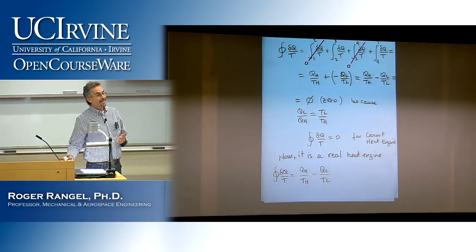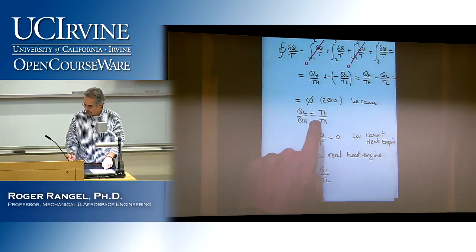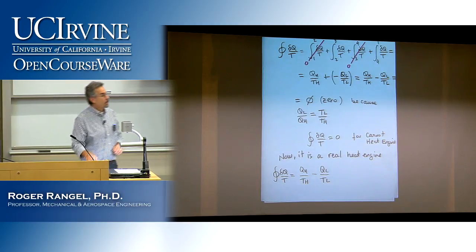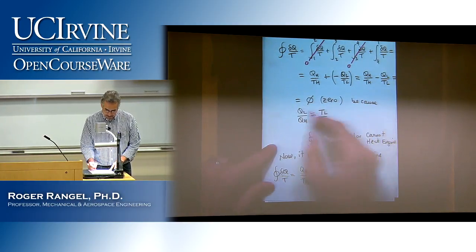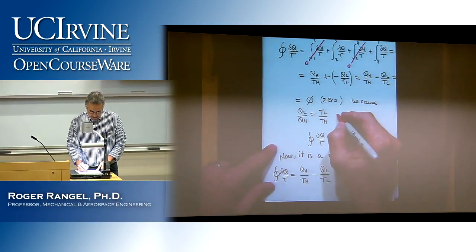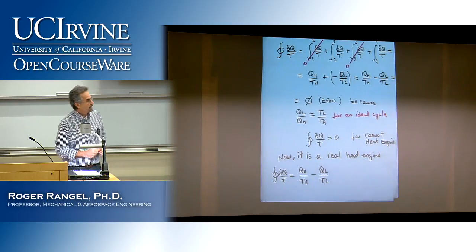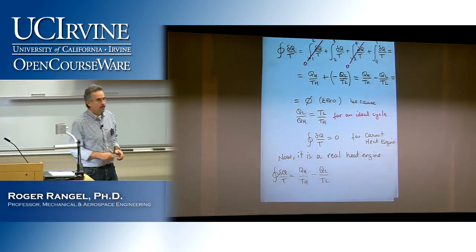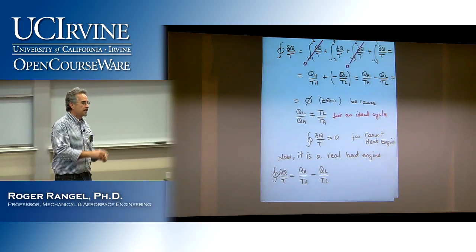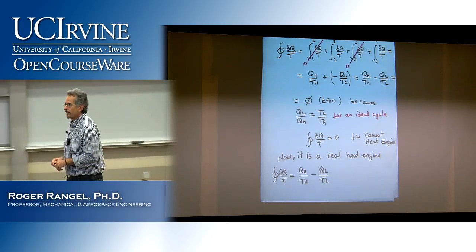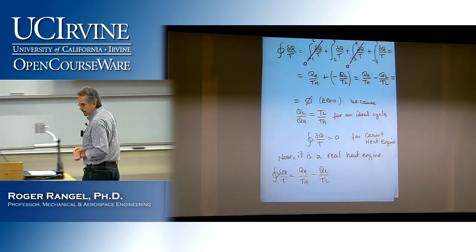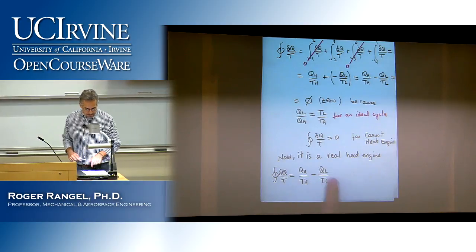So really the only thing that is changing is that now this is not true. When I said that for an ideal cycle, the result that the ratio of the Q's is the ratio of the T's is only valid if it's an ideal cycle. But now it's real, so that's not true anymore. So what is this going to be?